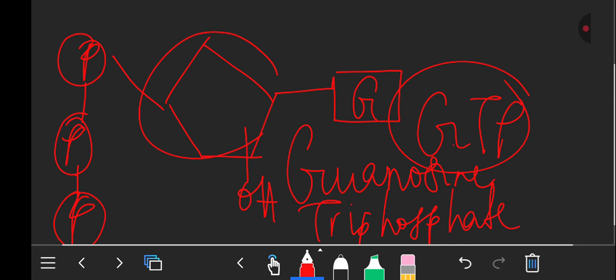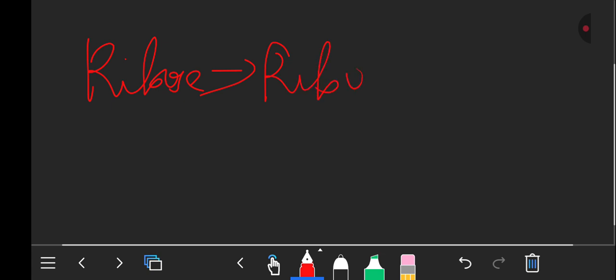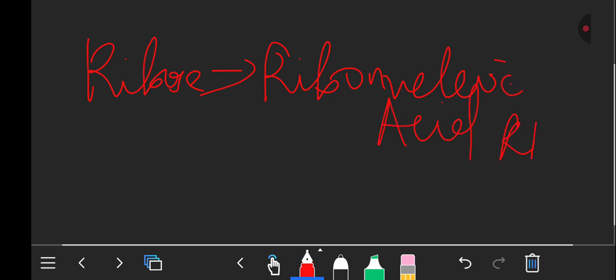Okay, so we are saying if the sugar which is being used, let me write it here, is a ribose, the nucleic acid which we are going to form is the ribonucleic acid, which is known as RNA, ribonucleic acid, because of ribose there. That is where ribo is coming from.